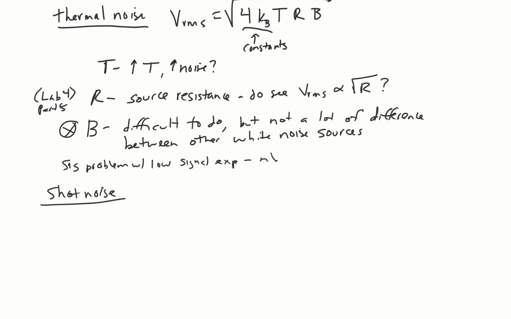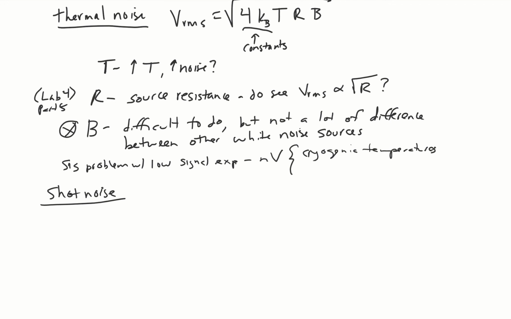So if you're dealing with like nanovolts. This is why in some of the research labs here, like Professor Rule's lab or Professor Gao's lab, they use cryogenic temperatures to reduce this.